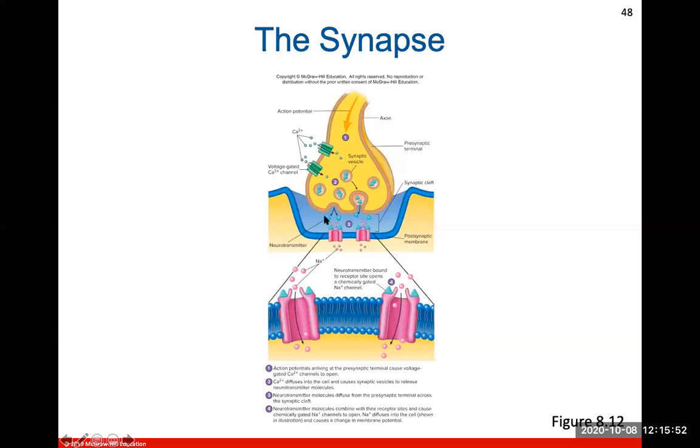Those neurotransmitters will bind to receptors on the postsynaptic membrane, and once they bind, usually the channels cause sodium ions to rush into the cell and cause depolarization of the postsynaptic membrane.